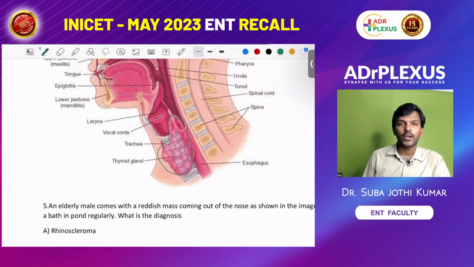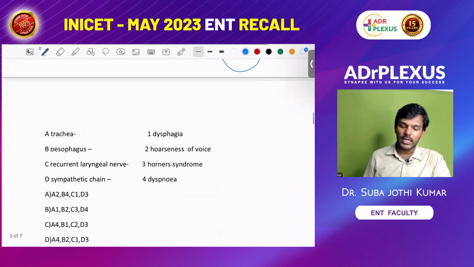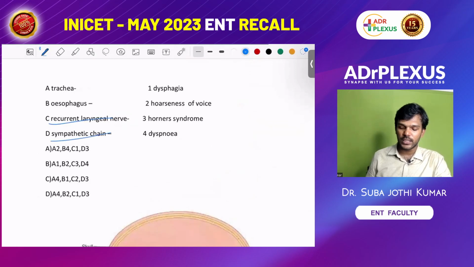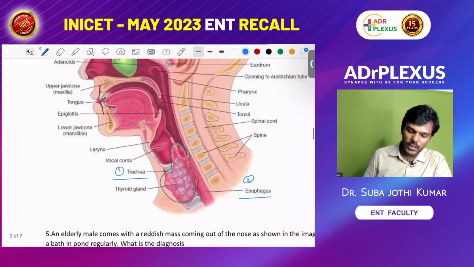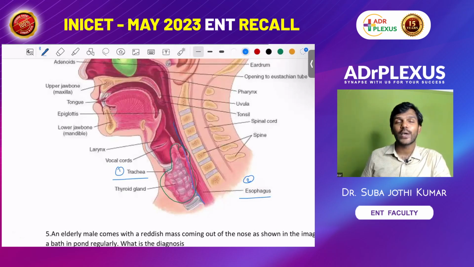If the thyroid gland enlarges, it could compress the adjacent structures: trachea, esophagus. Then what else? Recurrent laryngeal nerve and sympathetic chain. Recurrent laryngeal nerve will be passing along the tracheo-esophageal groove over here. So CA thyroid is the most common cause for bilateral recurrent laryngeal palsy.